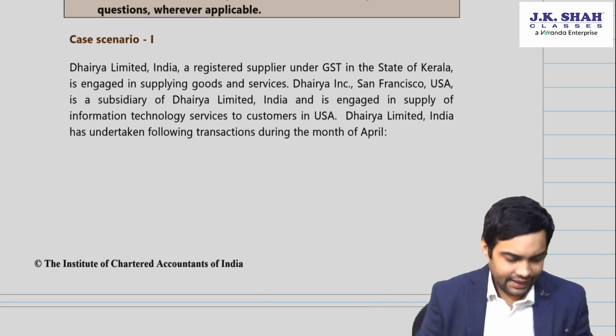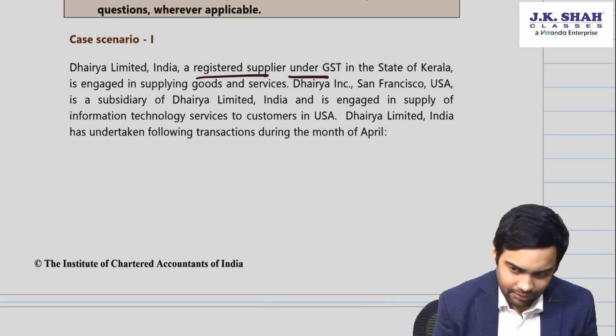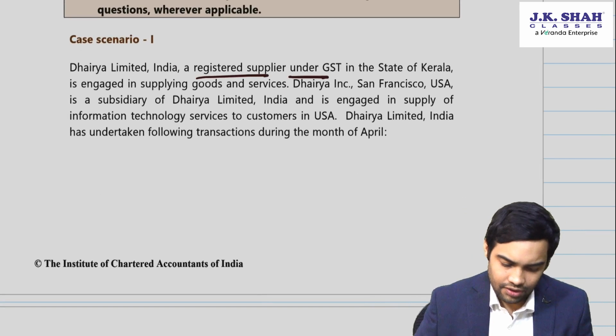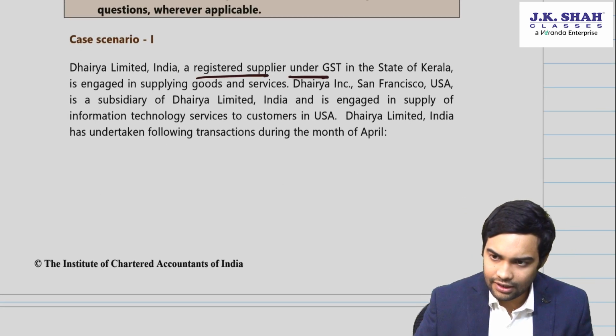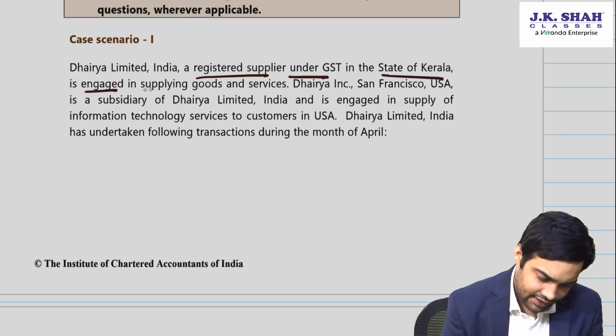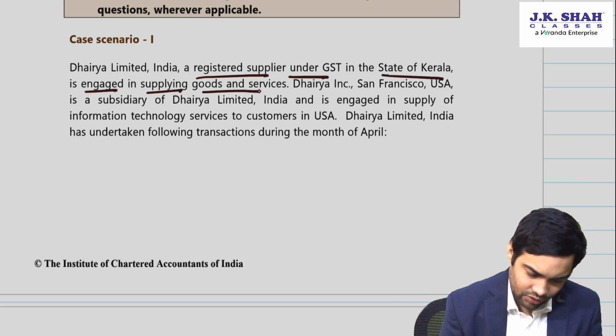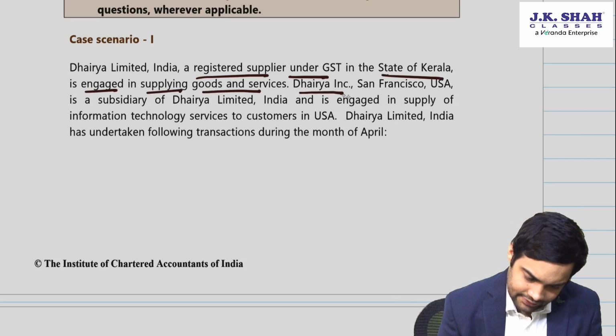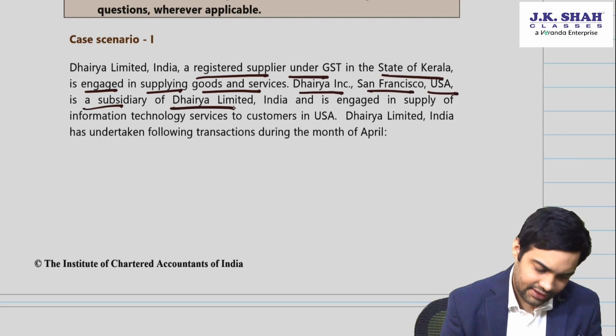Dairy Limited India, a registered supplier under GST in the state of Kerala, is engaged in supplying goods or services. Dairy Inc. San Francisco, US is a subsidiary of Dairy Limited.